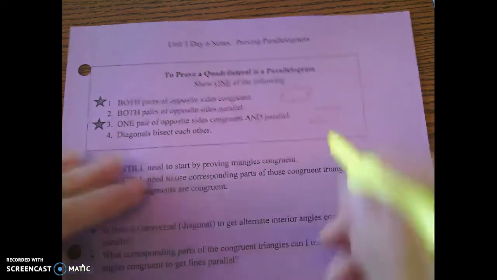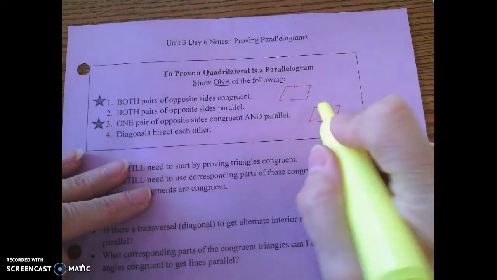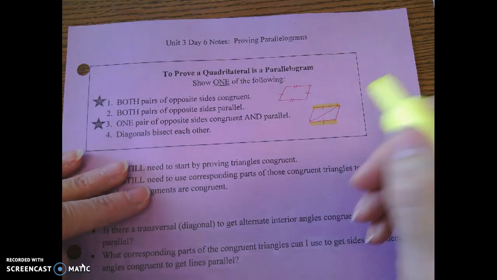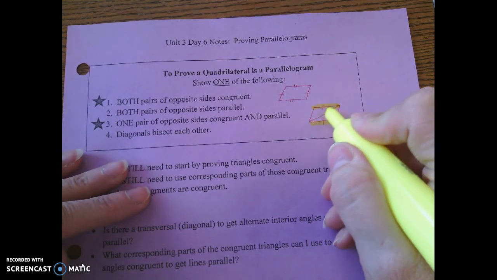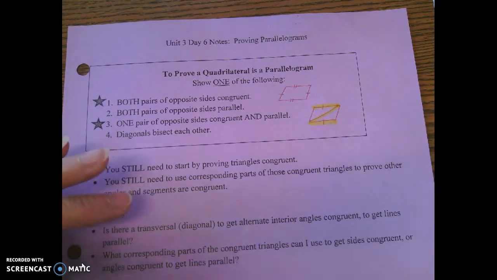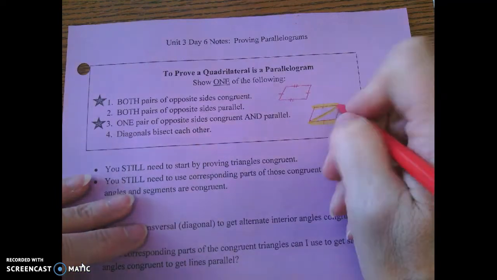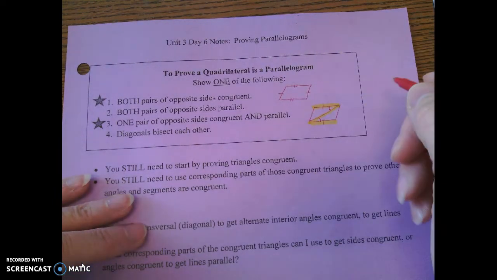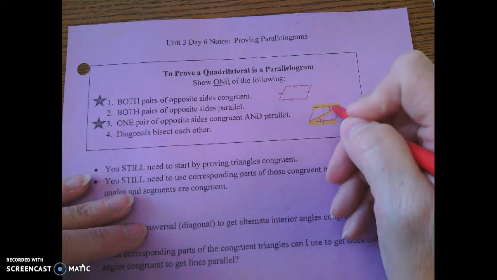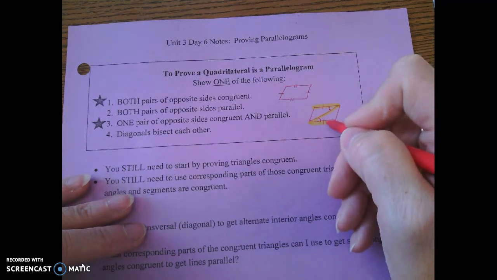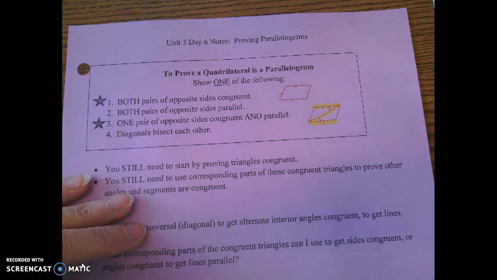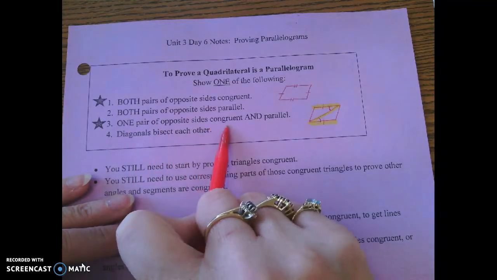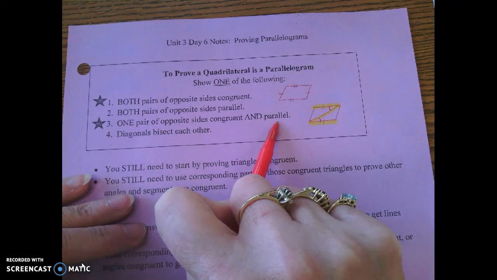And then when we want to prove parallel, it will help if you highlight the two sides you're trying to prove are parallel, find that diagonal that connects the two, and we're probably going to use corresponding parts of these two triangles to get those alternate interior angles congruent. Then these lines are parallel. So you can get one pair of opposite sides congruent and parallel.